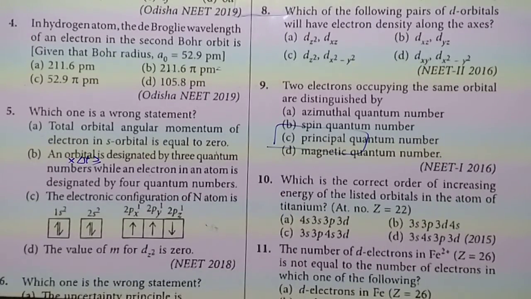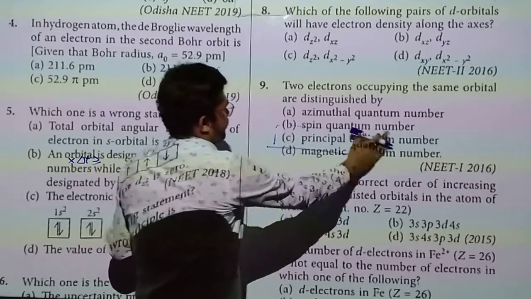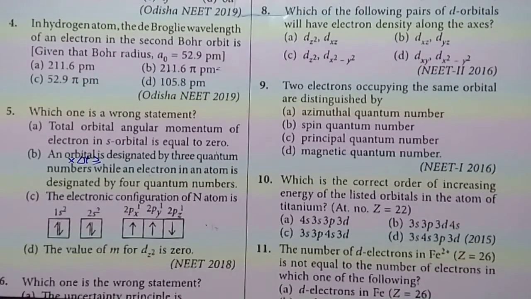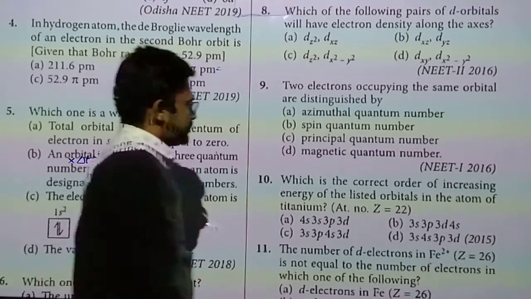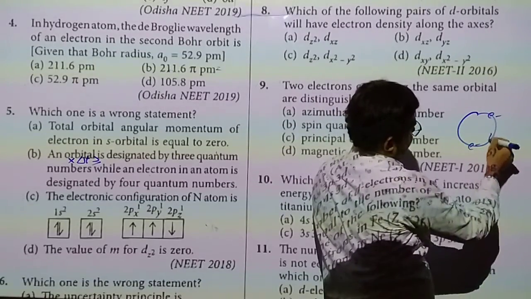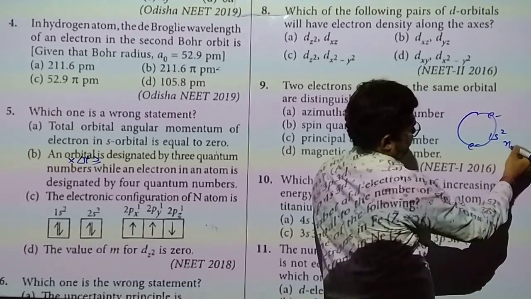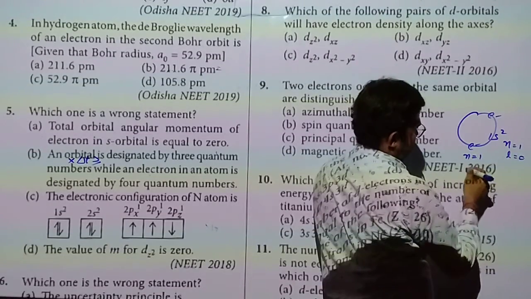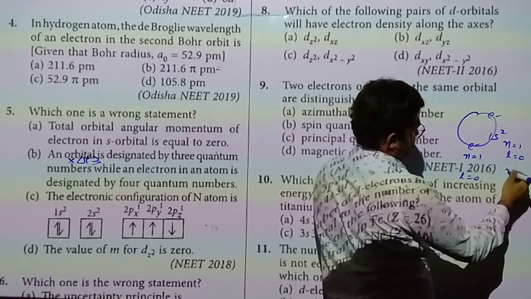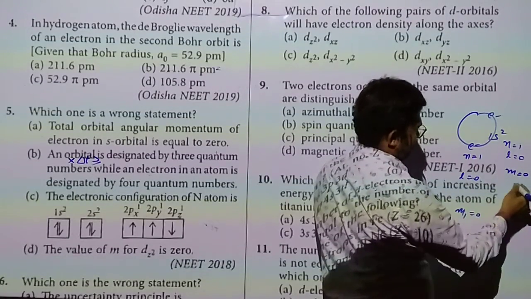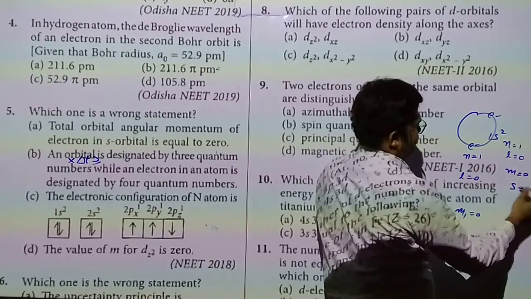Now question number 9. Two electrons occupying the same orbital are distinguished by, obviously, spin quantum number. Suppose both electrons lie in 1s, so quantum number 1 for both n, l value 0 for both, magnetic value will be 0, but spin will be different.